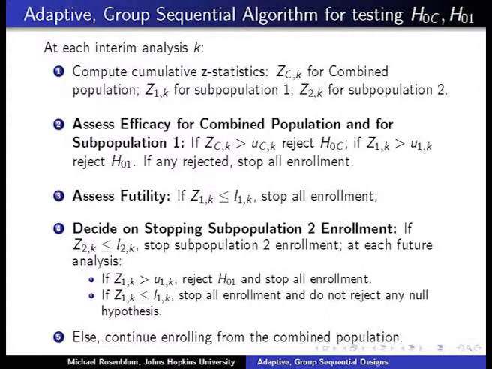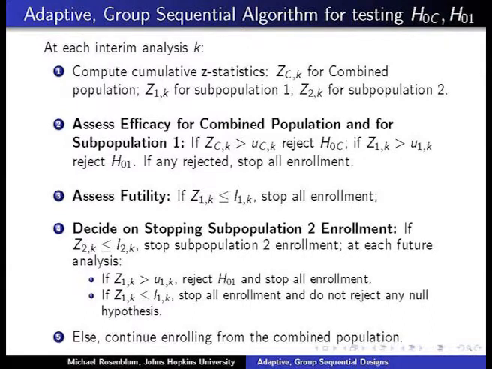But if you don't, then there's not that much new going on in steps 1, 2, 3, but step 4 is maybe the more interesting, more exotic step. There you look at the Z statistic for subpopulation 2, and if it's below its corresponding threshold, then you're going to give up on that subpopulation.